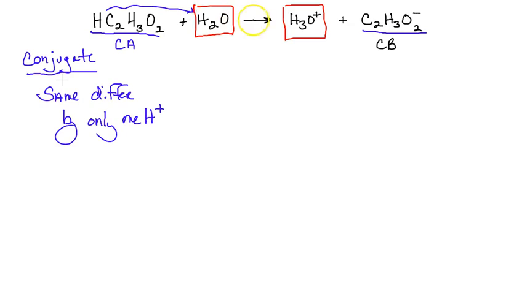Now, I didn't draw the double arrow because, as I mentioned, if you're a weak acid with a Ka that's small because you do not produce a lot of products, what that means is you have a conjugate base reforming the acid. I'll say that again. If you're a weak acid and you barely dissociate, it's because the conjugate base has an ability to reform the acid.